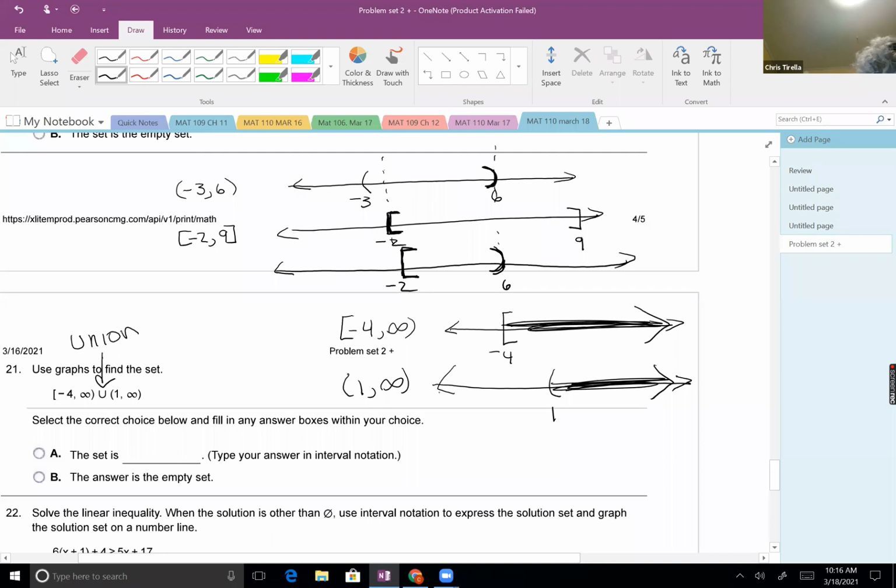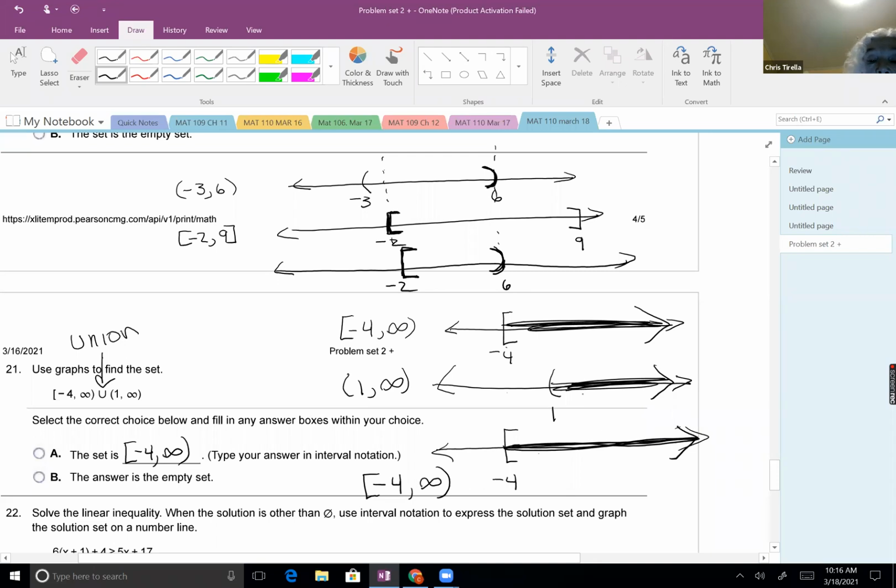And now when we take the union, we're putting the two together, we're combining them. And so the furthest to the left that I go is my -4, and both of them continue infinitely in the positive direction. And so my union here would be -4 to infinity, closed at -4, open at infinity.